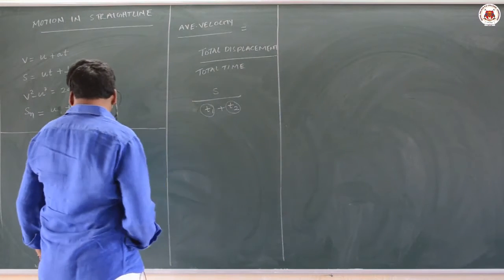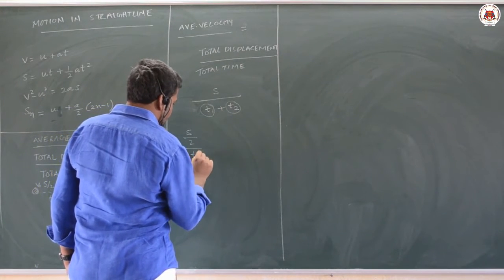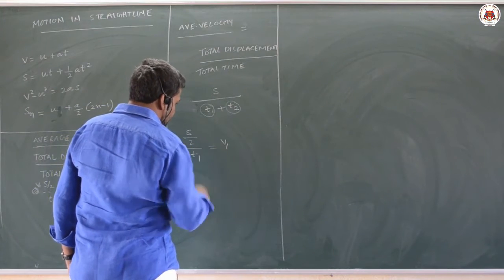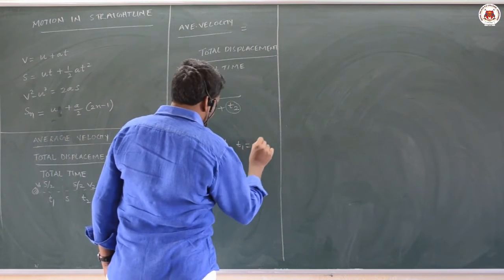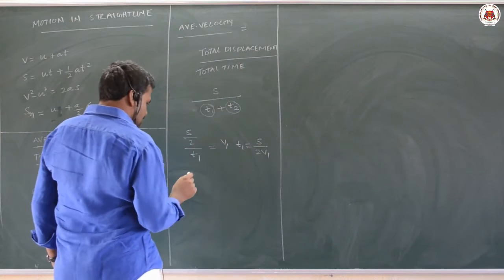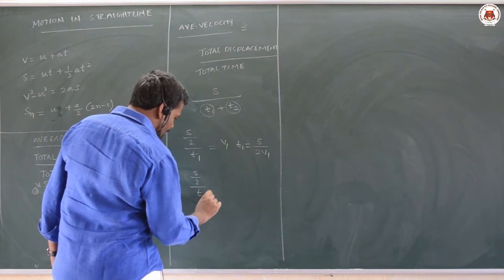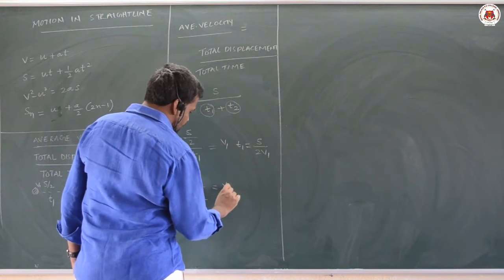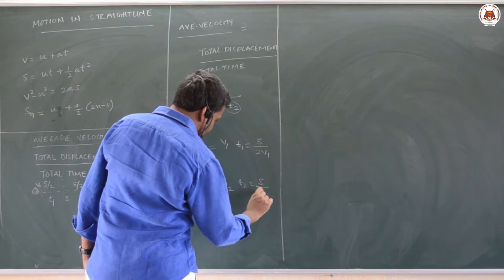So, from first half of the journey, (s by 2) by T1 is equal to V1. From this you can write T1 is equal to s by 2V1. Next, (s by 2) by T2 is equal to V2, that is T2 is equal to s by 2V2.